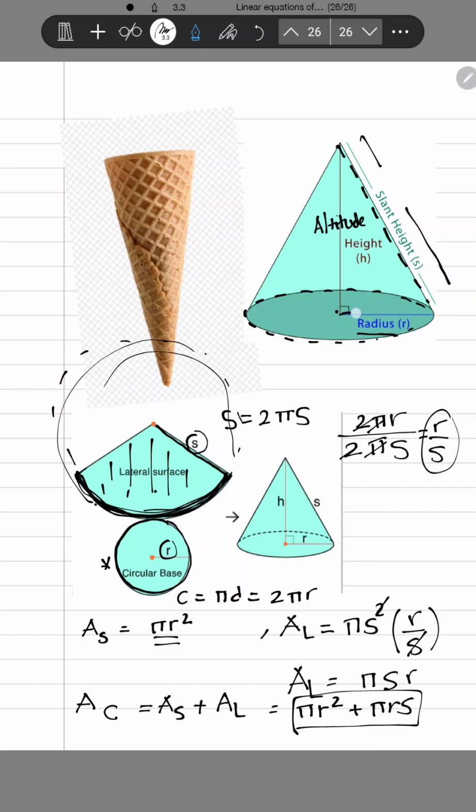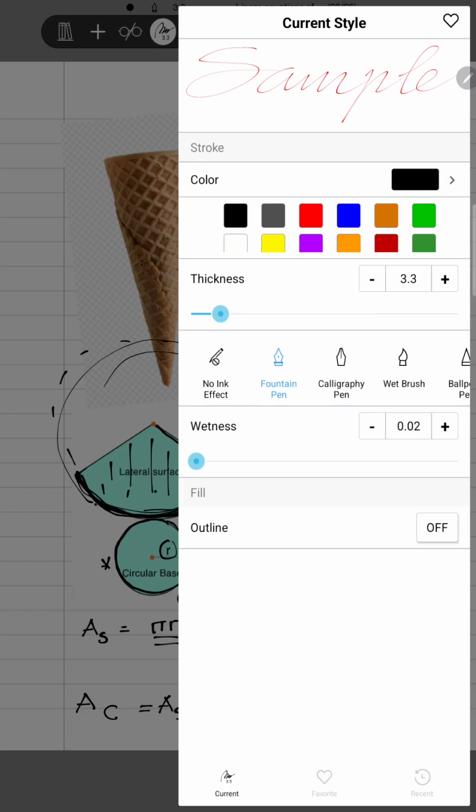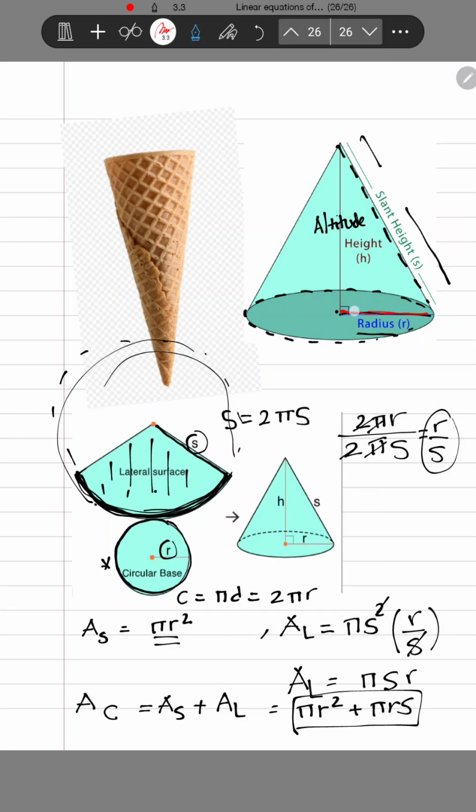When we are given the small r, let me change the color for a better view this time, to be 4 centimeter, and the altitude or the height to be 8 centimeter, we can use the Pythagoras theorem to find the slant height, which is square root of 8 square plus 4 square, which is 64 plus 16, which is square root of 80 centimeter.